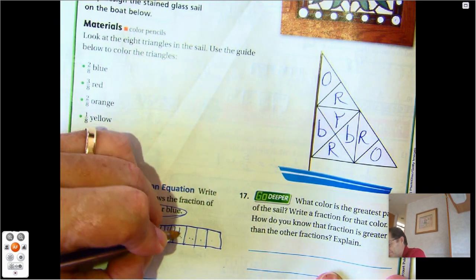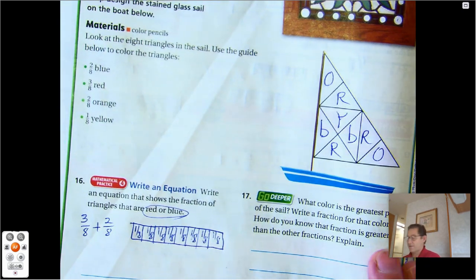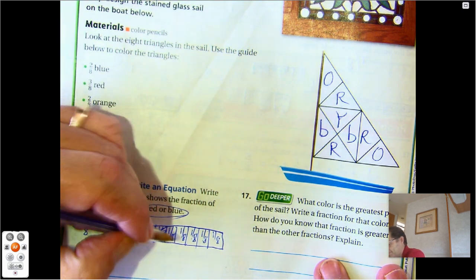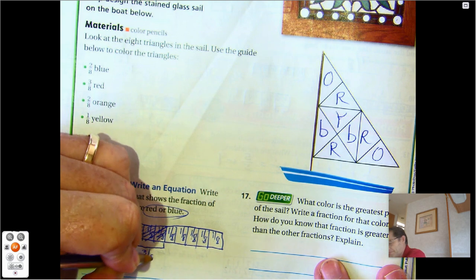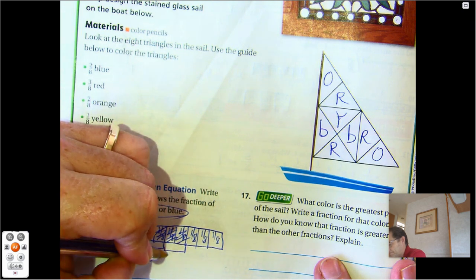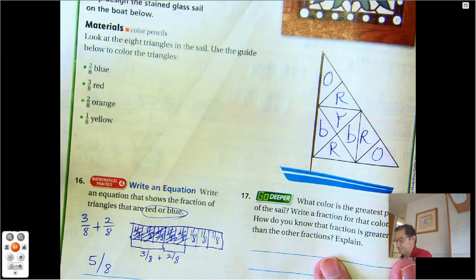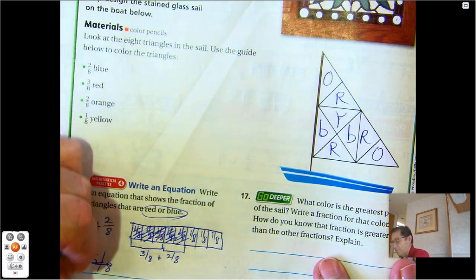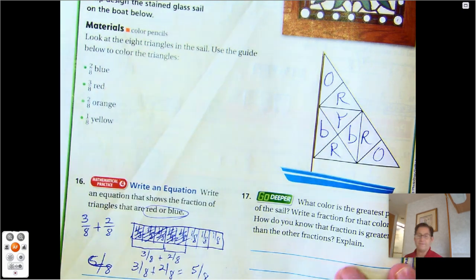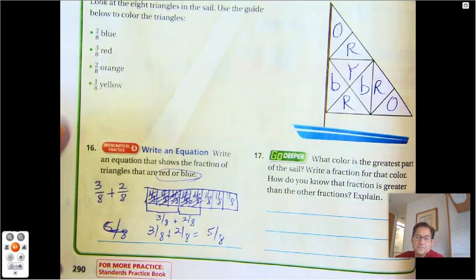All right, so those are our 8s. 3 of them were red. And 2/8 of them were blue. So 1, 2, 3, 4, 5/8. Oh, we have to write an equation. 3/8 plus 2/8 equals 5/8. Okay, 5 is prime and 5 is not a factor of 8, so that's as simple as it can get. It's in simplest form.